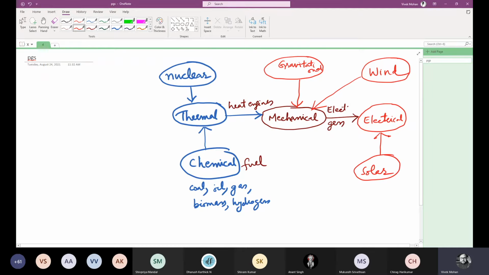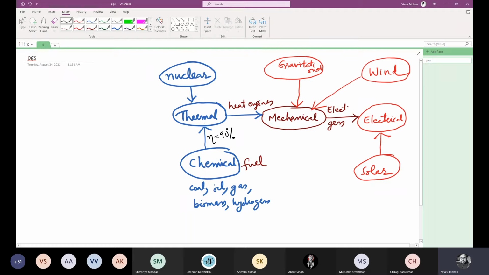Now let's see the generic efficiencies of these systems. So here you see the chemical energy stored in the fossil fuels is converted to usable forms of energy via heat by burning, and this can have an efficiency of maybe 90%.